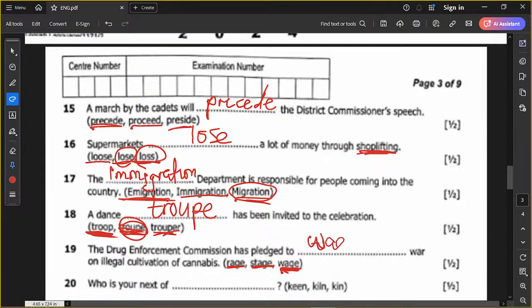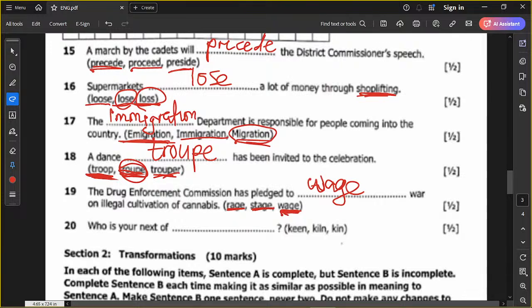Okay, we come to question 20. Question 20. Who is your next of dash? Okay, we have got keen, which is someone anxious, can't wait. Kiln, this is the furnace where you burn bricks.